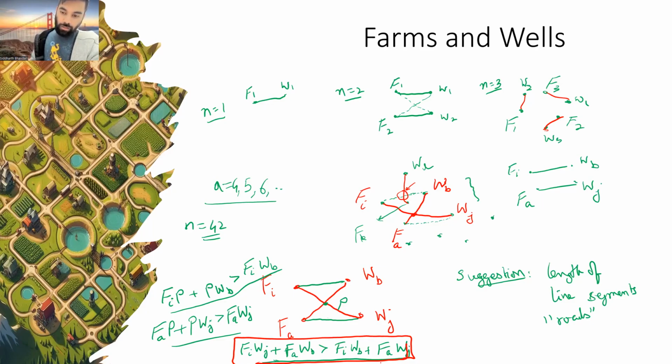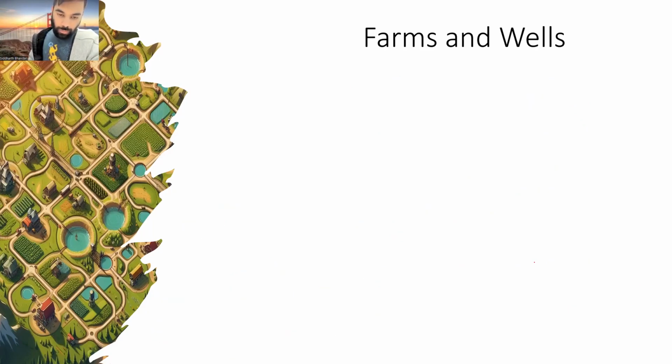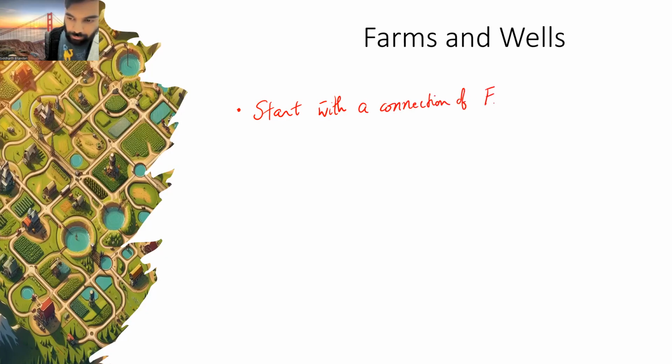Okay. So I hope some part of it is clear. So let me just write it out very briefly. Start with a connection of farms and wells with minimal road length.